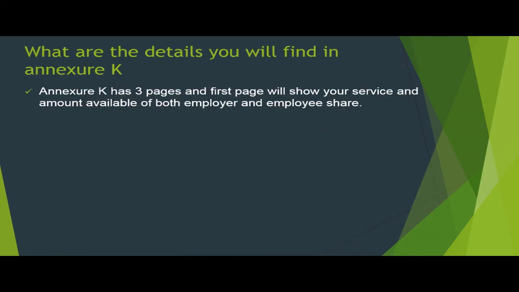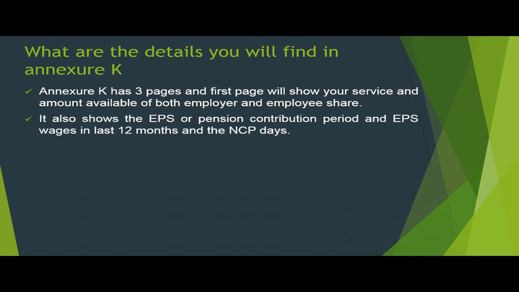Now, what does the Annexure K contain? Annexure K is a PDF document which has about 3 pages, and in the first page you will see your service and the amount available of both the employer and the employee share. It will also show the EPS or the pension contribution period and EPS wages in the last 12 months and the NCP days.